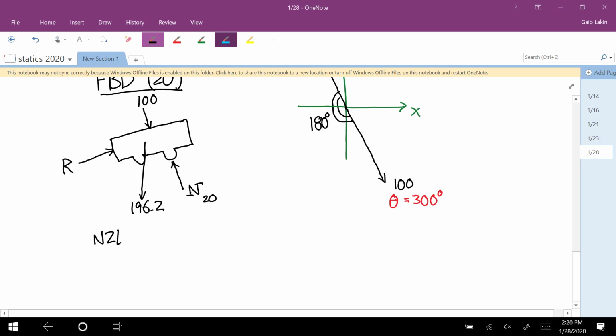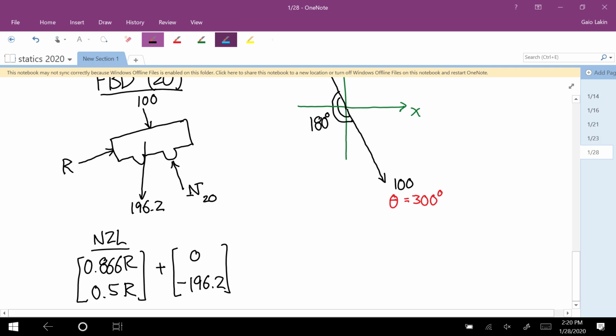So Newton's second law says we have 0.866 R, 0.5 R, plus the weight force, 0, negative 196.2, plus the normal force, so that's negative 0.5 N20, positive 0.866 N20.